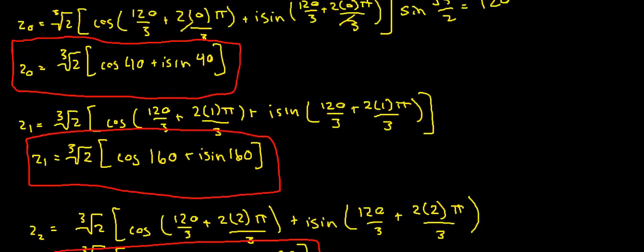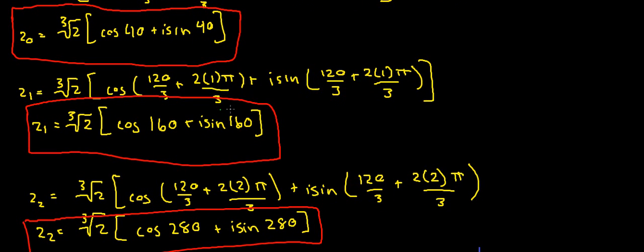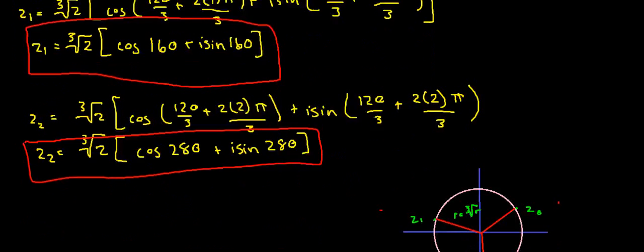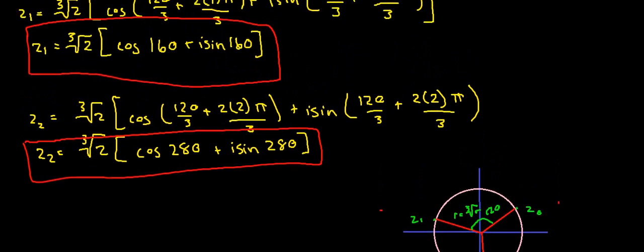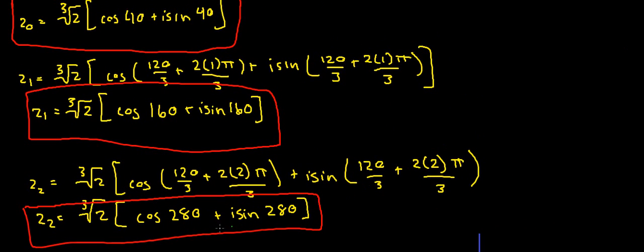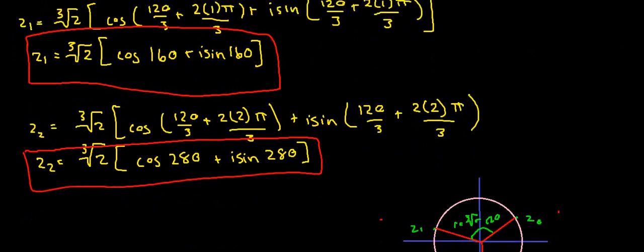If I go back up to here, if I take 160 minus 40, that's 120. So there's 120 degrees of separation in here. If I take 280 and subtract it by 160, that is also 120.